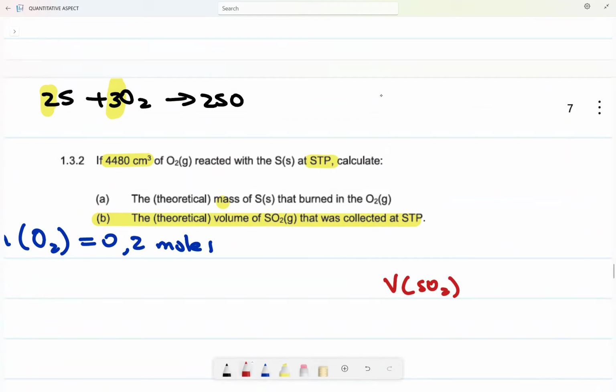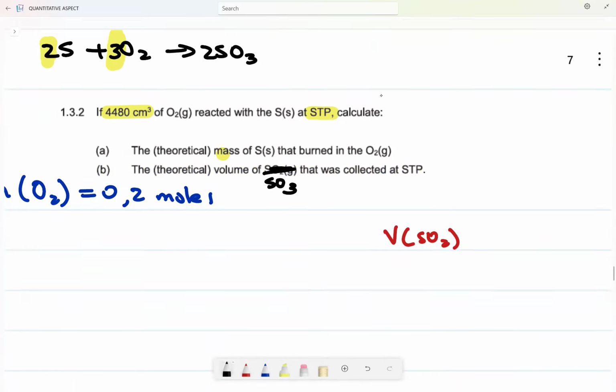Actually, I did not see how this formula was. Okay, allow me to change this question and say SO3. Calculate the volume of SO3 that was collected at STP.